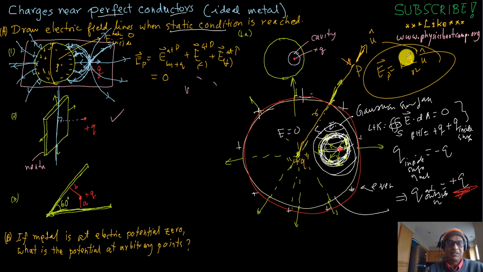So that's the electric field, and the potential over here will simply be kq over r with V equal to 0 at r equals infinity. So this is the case.